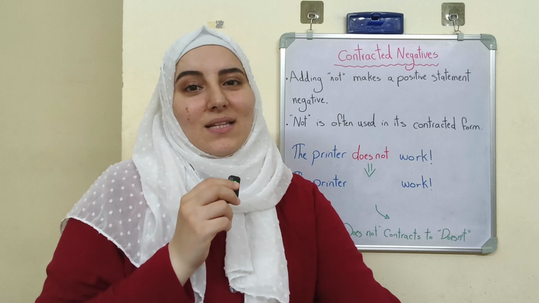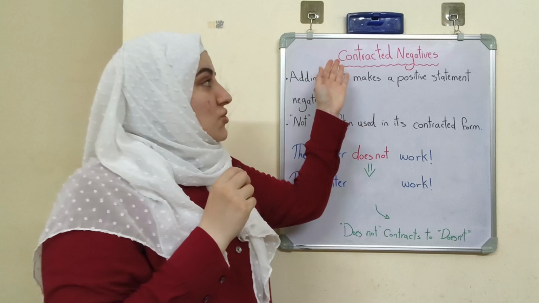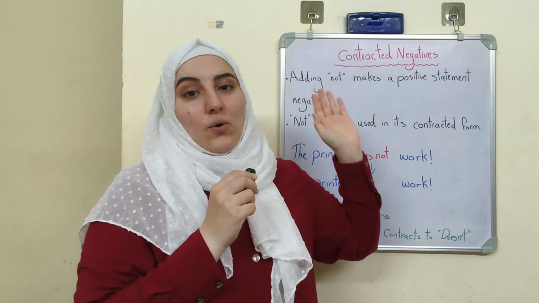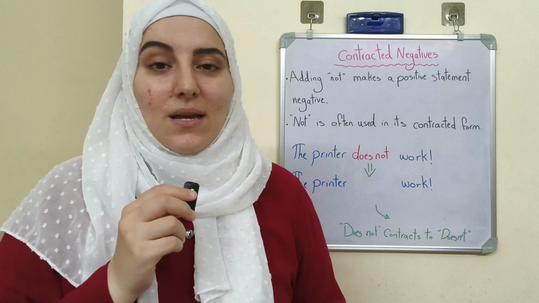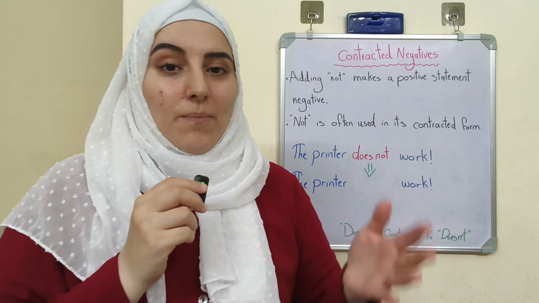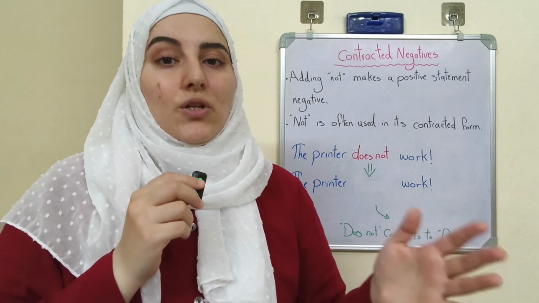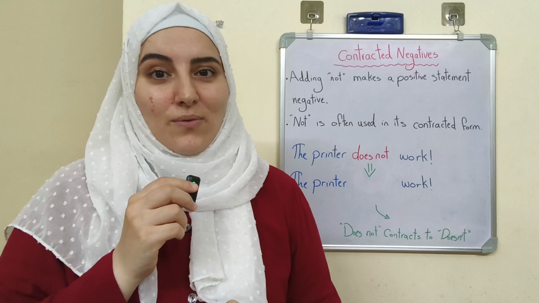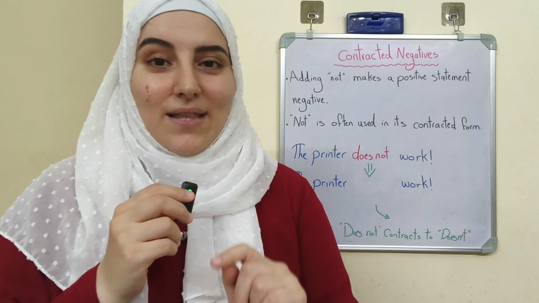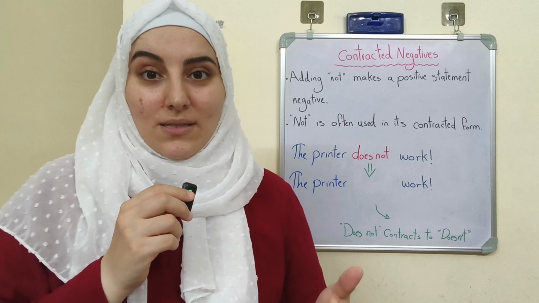This is Miss Ghada. Today I'm going to discuss contracted negatives. As we all know, we have positive statements and negative statements. How can we change from a positive statement to a negative one? Do you know how? Yes, that's correct. We have to use not.